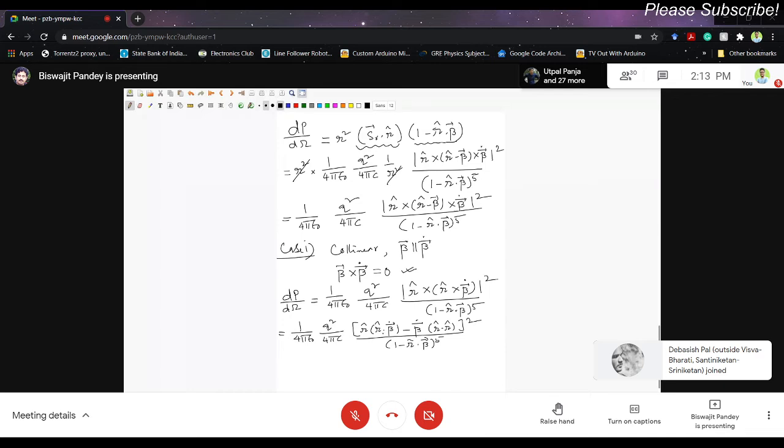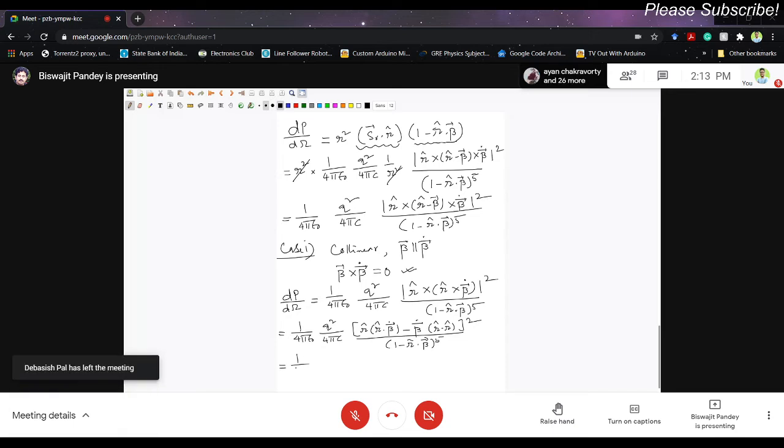Now let us take the square of that, square of a minus b. So what will be that? Equal to 1 over 4 pi epsilon 0, q square by 4 pi c, and I'm squaring that numerator.